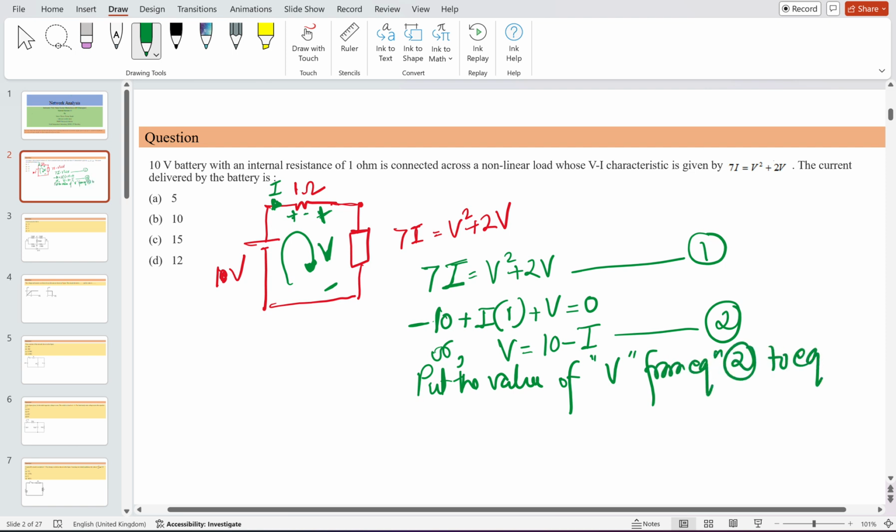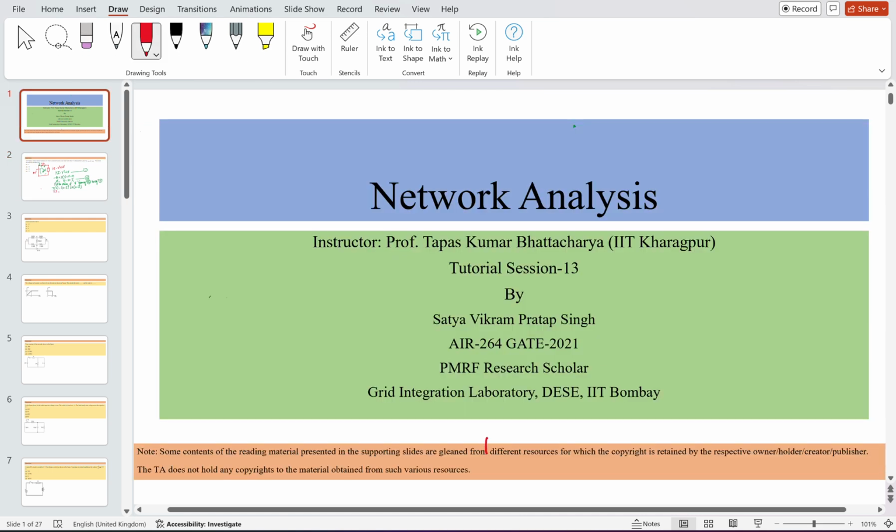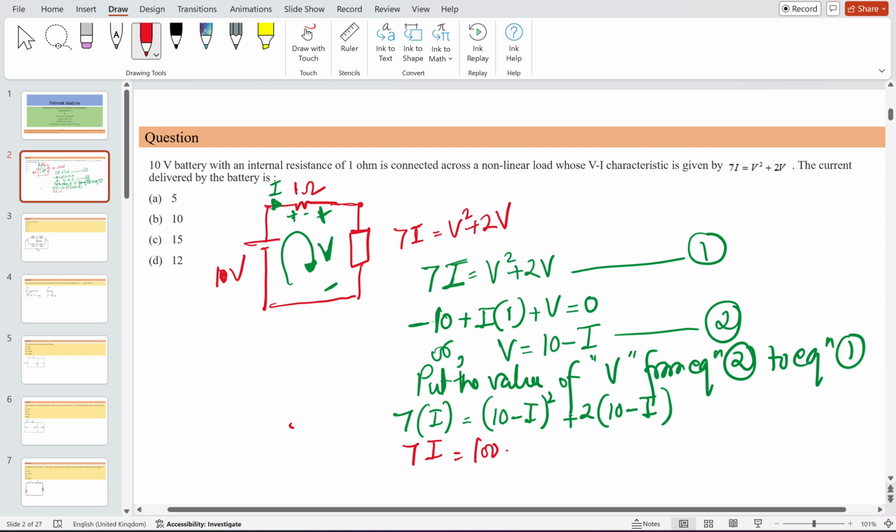You will get 7 times I is equal to (10 minus I) square plus 2 times (10 minus I). When you solve this, 7 times I is equal to 100 plus I square minus 20 times I plus 20 minus 2I.